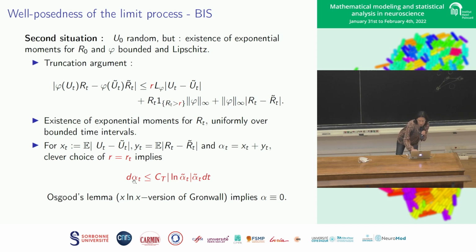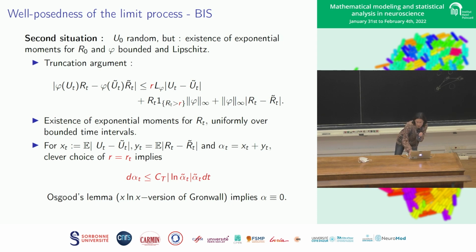Then we get a control of the difference of the solutions in expectation in L1 norm, which is of the order x log x. There is a tilde here. And then there is a famous x log x extension of the Gronwall lemma, which is called Osgood's lemma, which helps you to deduce the unique existence.